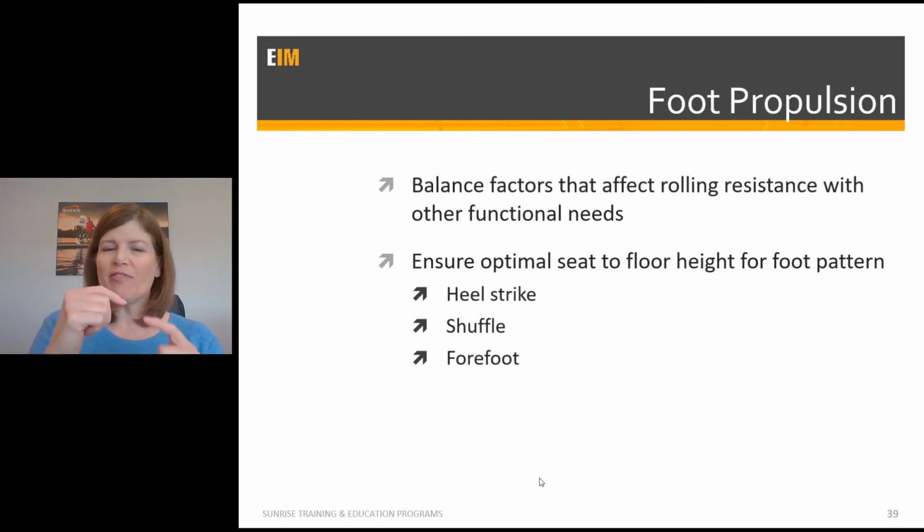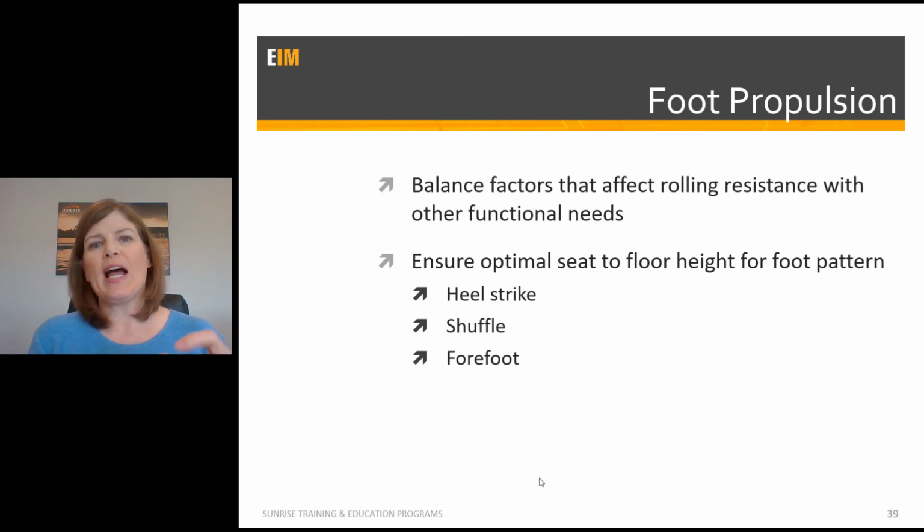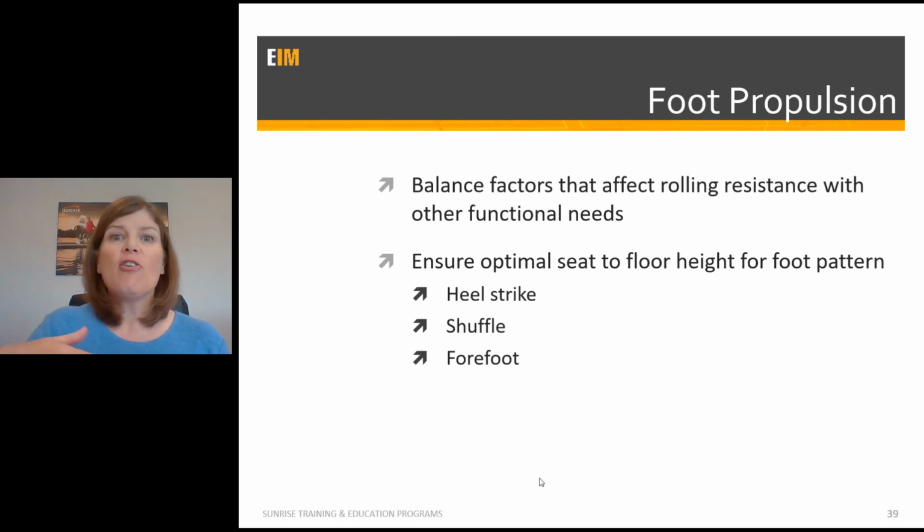And then we have some clients that have significant plantar flexion. So again, that measurement from the popliteal fossa to the back of the undersurface of the heel of the shoe may not necessarily help us. We need to take that as a starting point, but then also look at how much additional height we need for that plantar flexion. So we're taking the measurement from the popliteal fossa to the point of the ball of the foot, for example, of the forefoot, where the client is making contact.